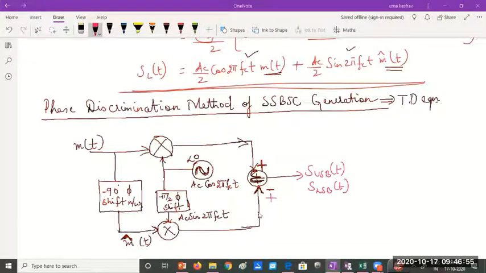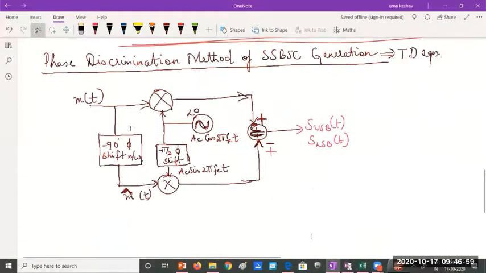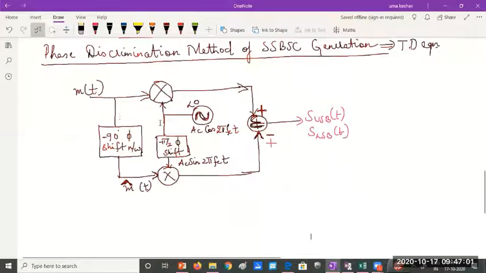When explaining the working, you just say the message signal is multiplied with the in-phase carrier AC cos 2 pi fct to get m of t into AC cos 2 pi fct.